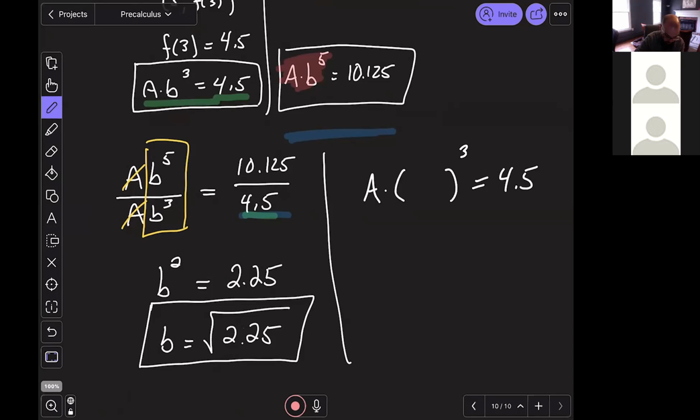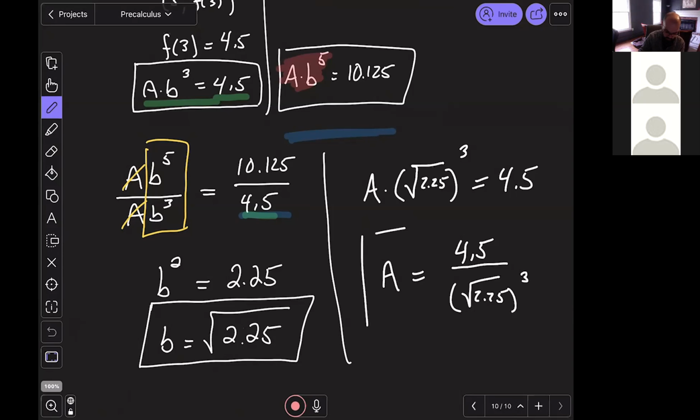Our B value we computed to be the square root of 2.25. So now I have a times the square root of 2.25 cubed is 4.5, and solving for a gives me A is 4.5 divided by the square root of 2.25 cubed.